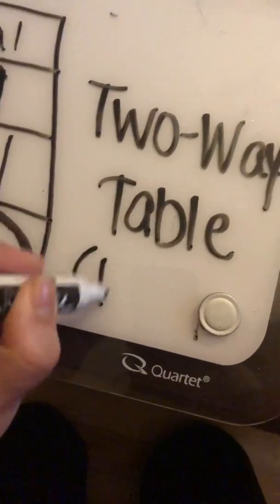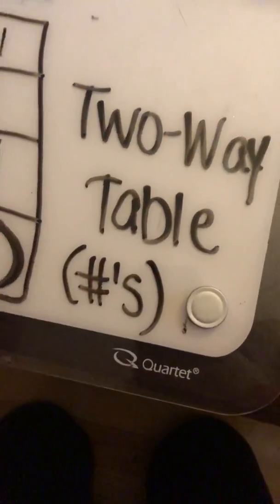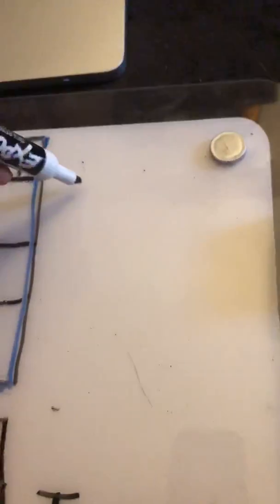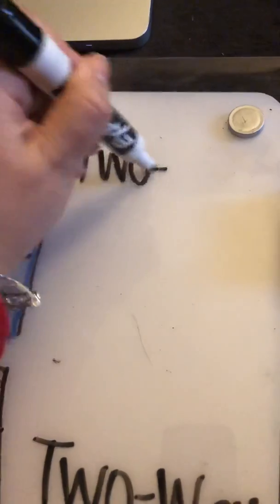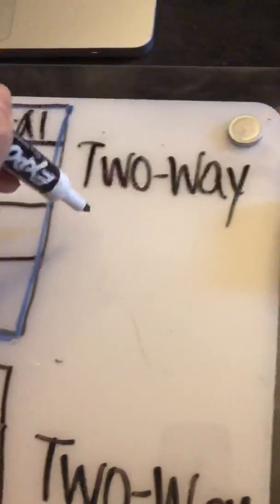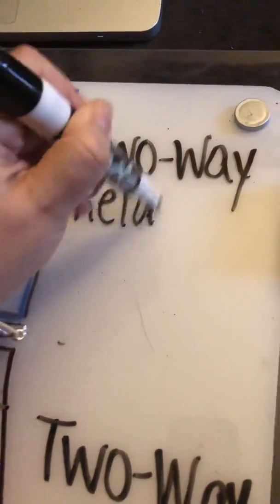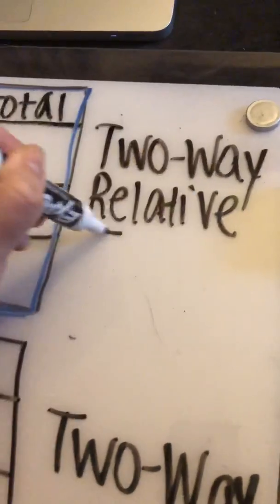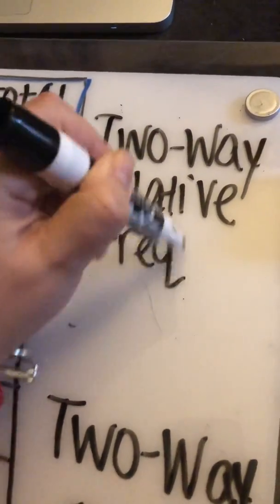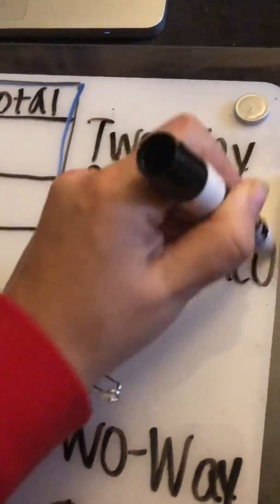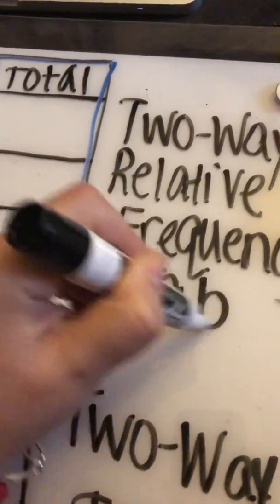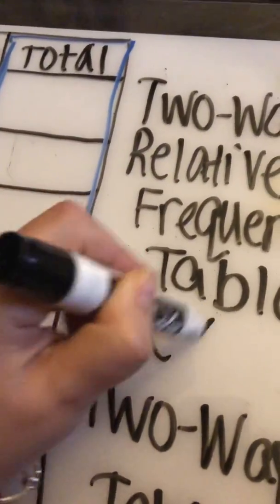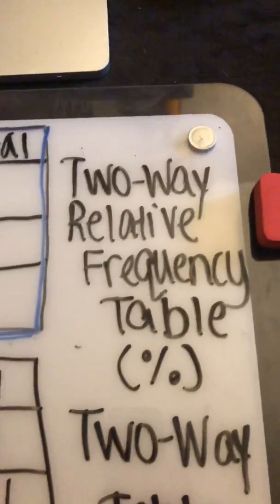It just consists of numbers. And then this is called your two-way relative frequency table. And when we talk about that, we're talking about finding the percents.